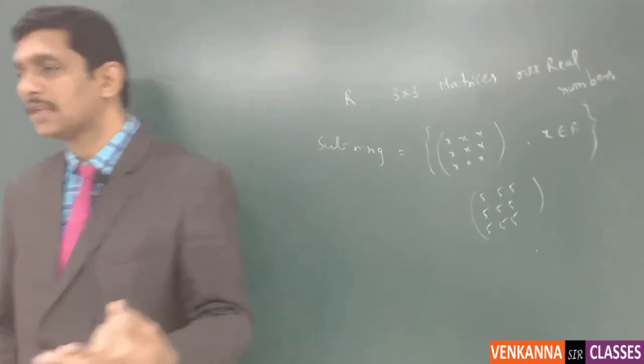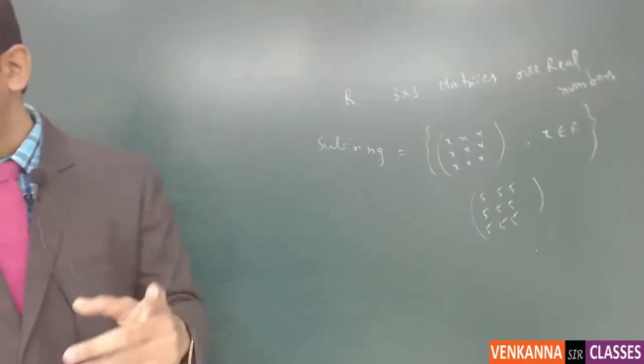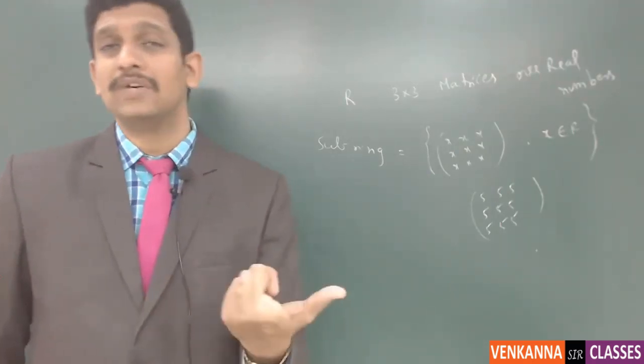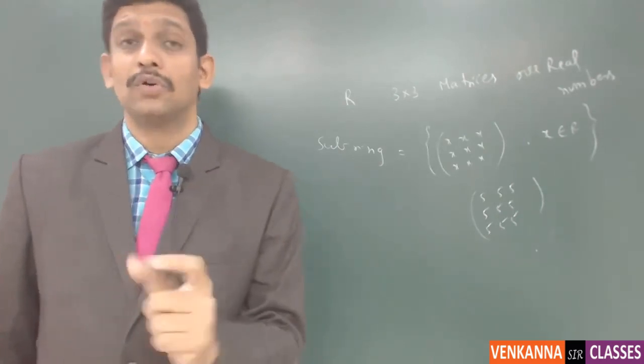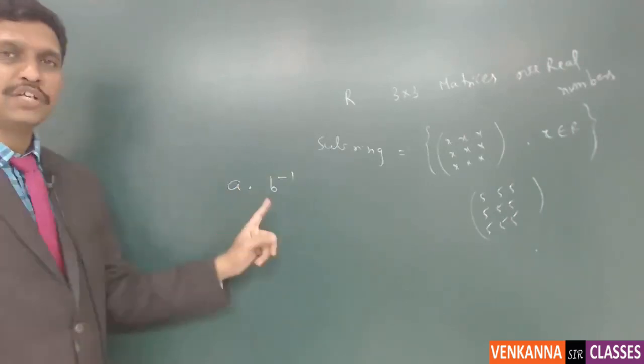AB belongs to S. Not AB inverse, that belongs only to group theory, because whenever you mention AB inverse, it is with respect to the operation multiplication only. So you are correct, A dot B inverse is absolutely correct.